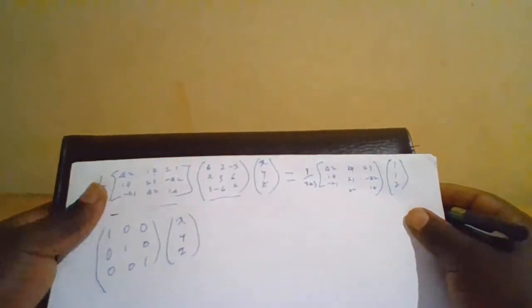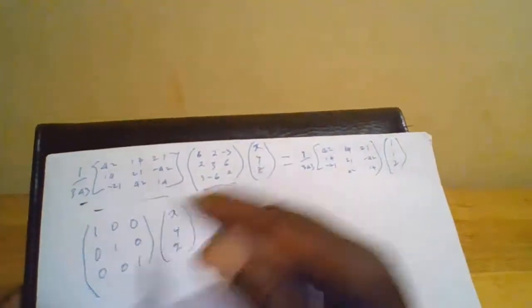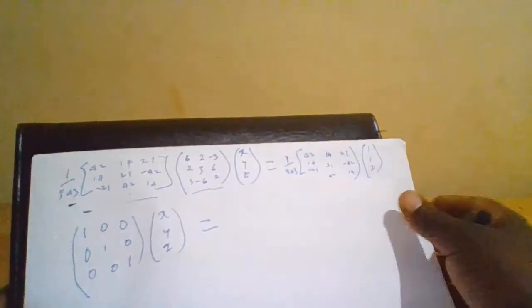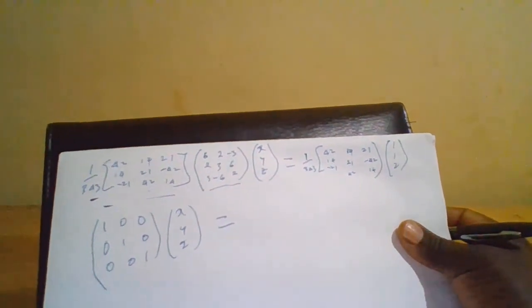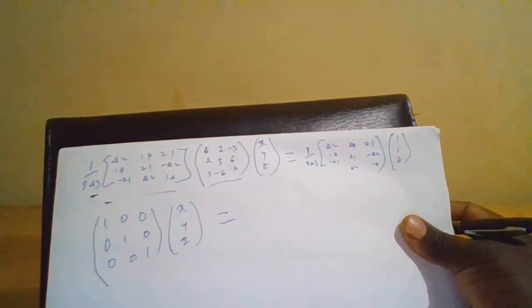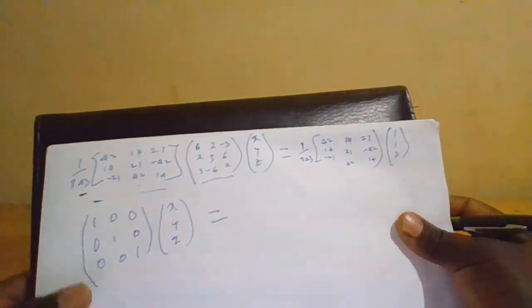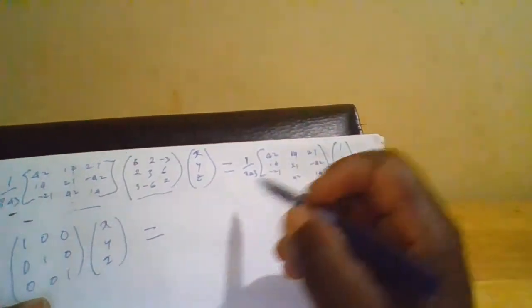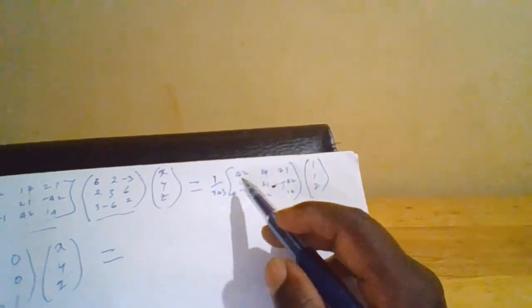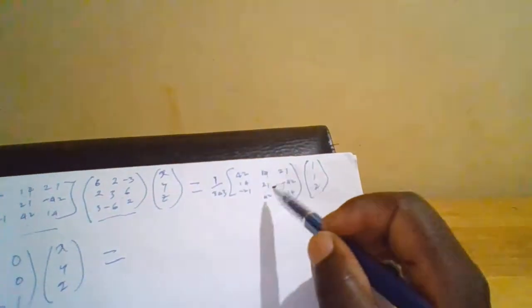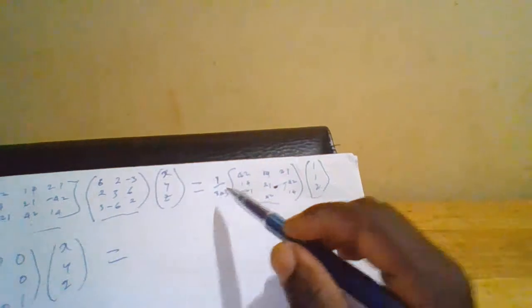We are able to get that on this side. So we can now multiply on this side.